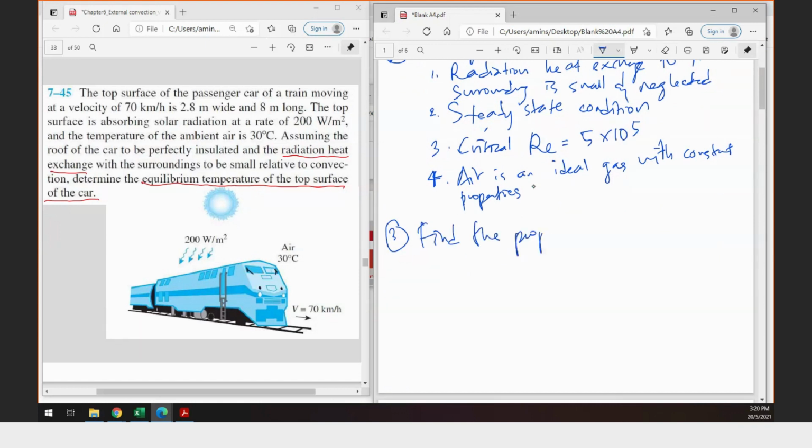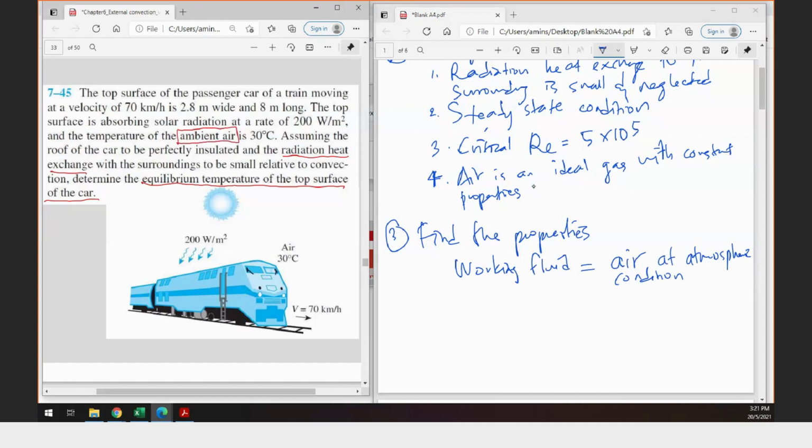So your working fluid is air, and because you already mentioned air at atmospheric condition, what is the term I can use for atmospheric?